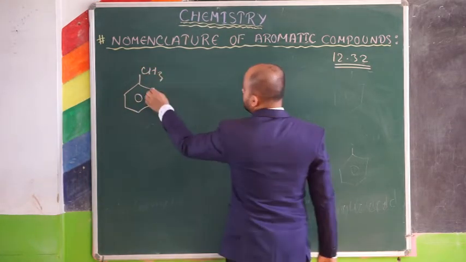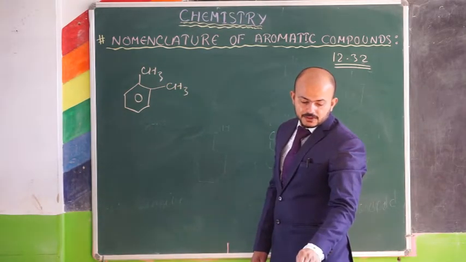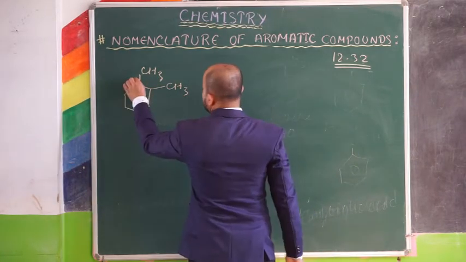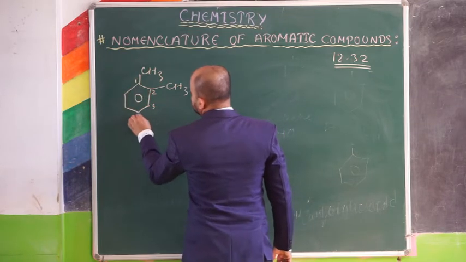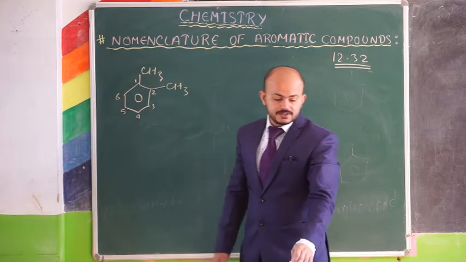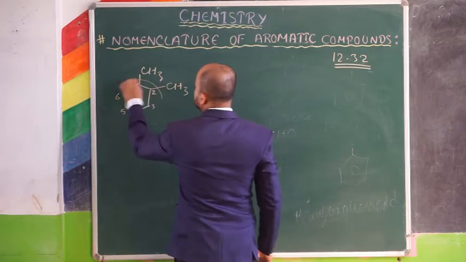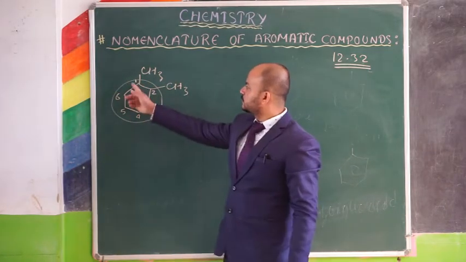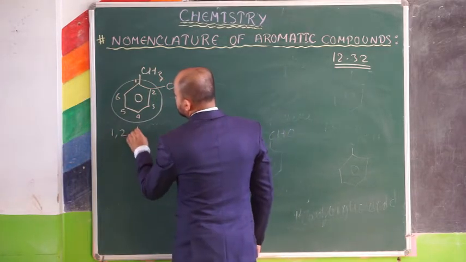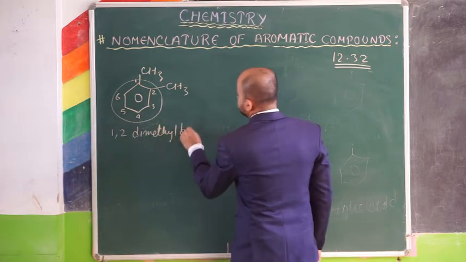If you have one more CH3 group in this compound, suppose this is carbon number 1, 2, 3, 4, 5, 6, then its name is 1,2-dimethyl benzene. As a whole this is a benzene ring, and at position one and two you have methyl groups. Therefore its name is 1,2-dimethyl benzene.